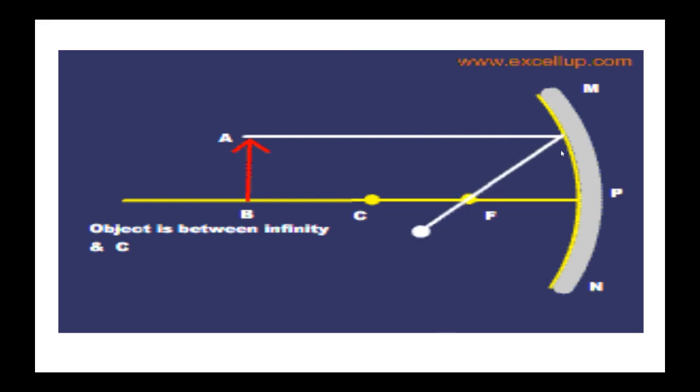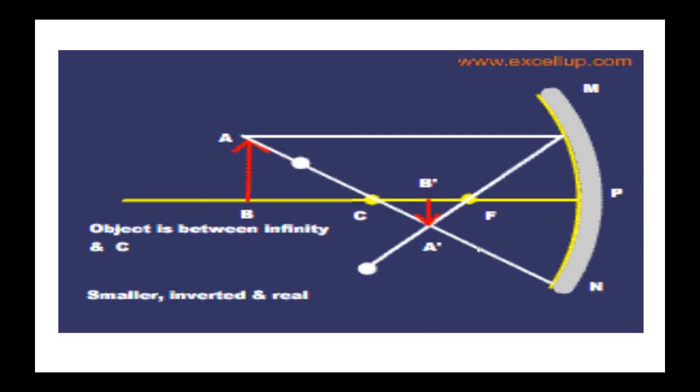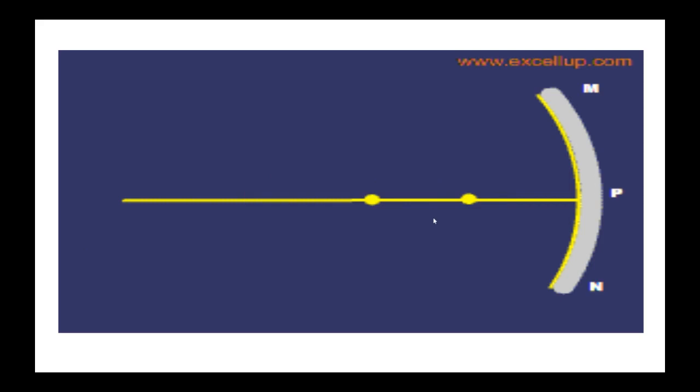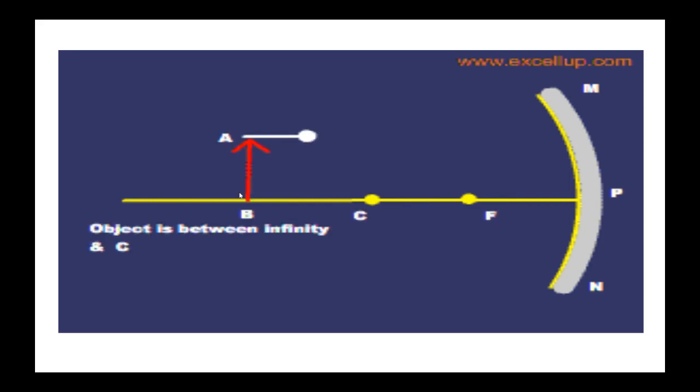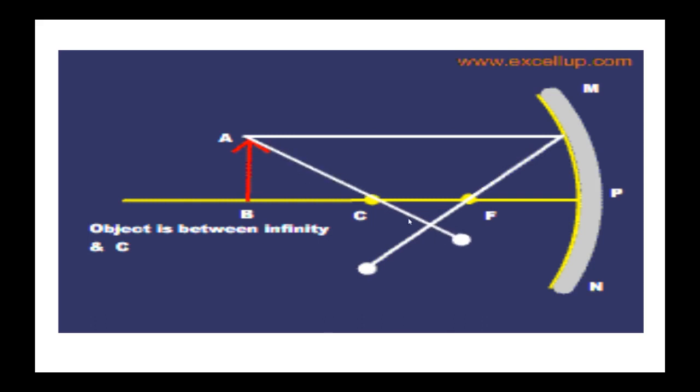So what happens here? The light rays are passing. One ray is passing through the principal focus. Another ray is passing through the center of curvature and it is reflected back. So where these two reflected rays meet is here. The object is placed between infinity and C. One ray passes through the principal focus, another passes through the center of curvature and is reflected back.